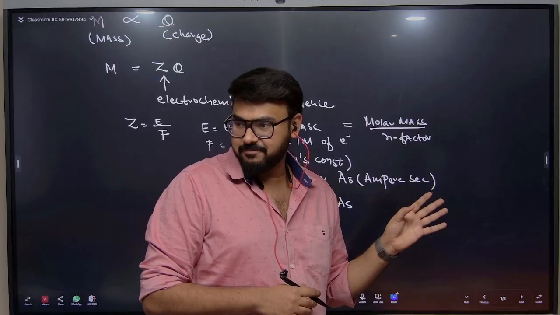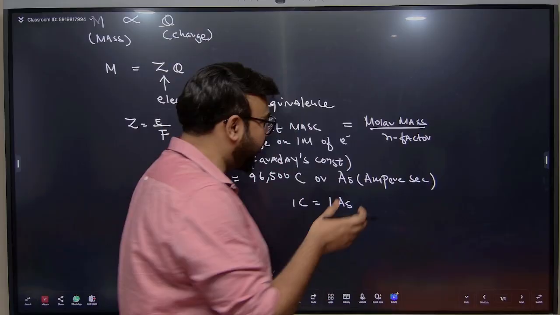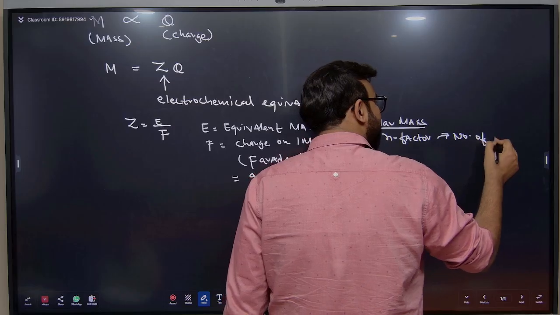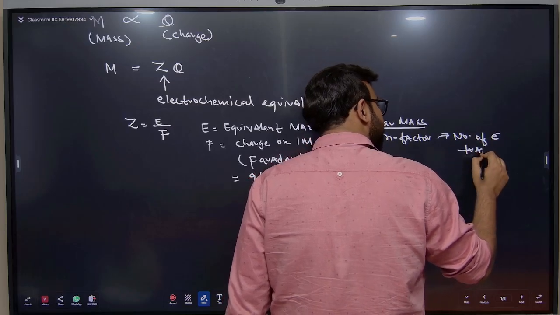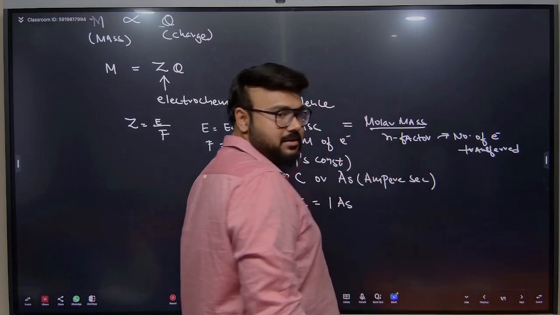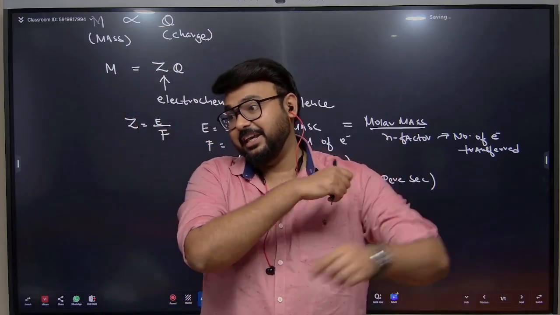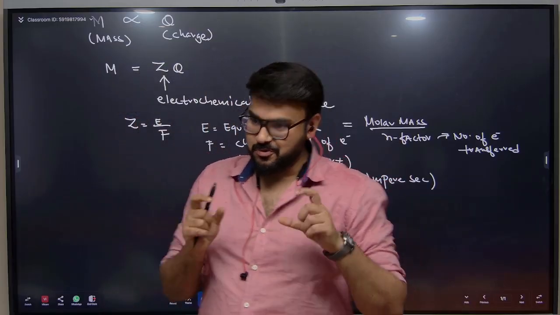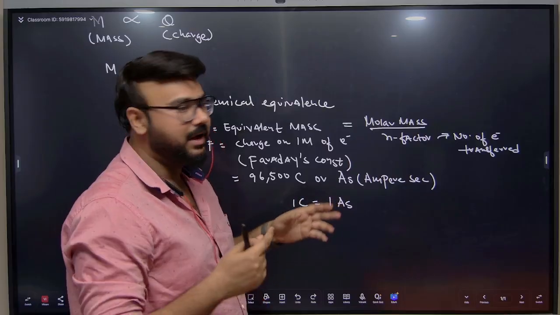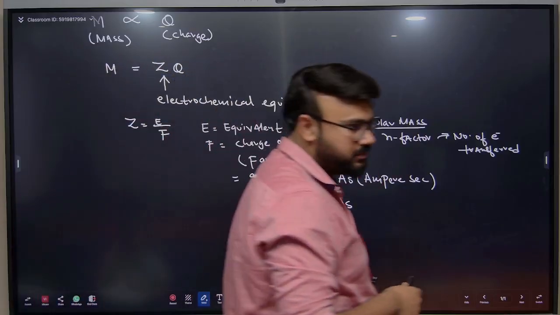Right now you have current and electrodes. So here the n factor is the number of electrons transferred in the reaction. Remember we did how to calculate it for the Nernst equation and EMF. So the n factor is easy. We'll do the questions, and with experience you will get to know how to find the n factor.